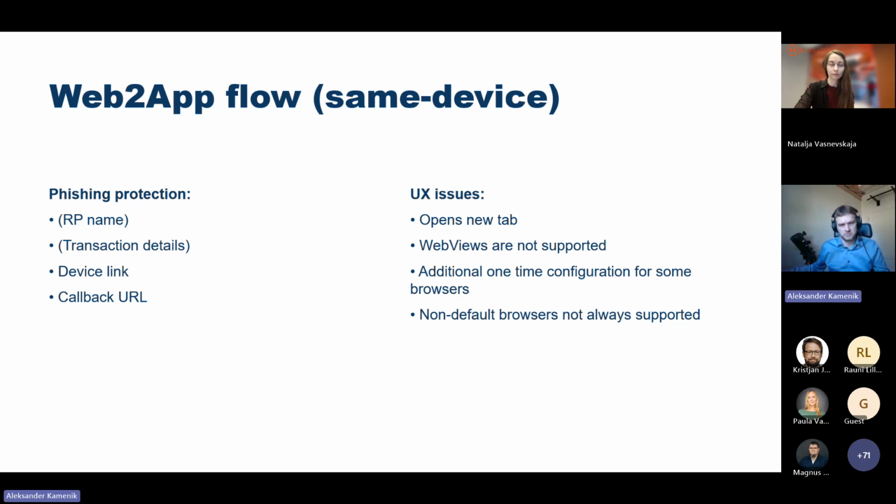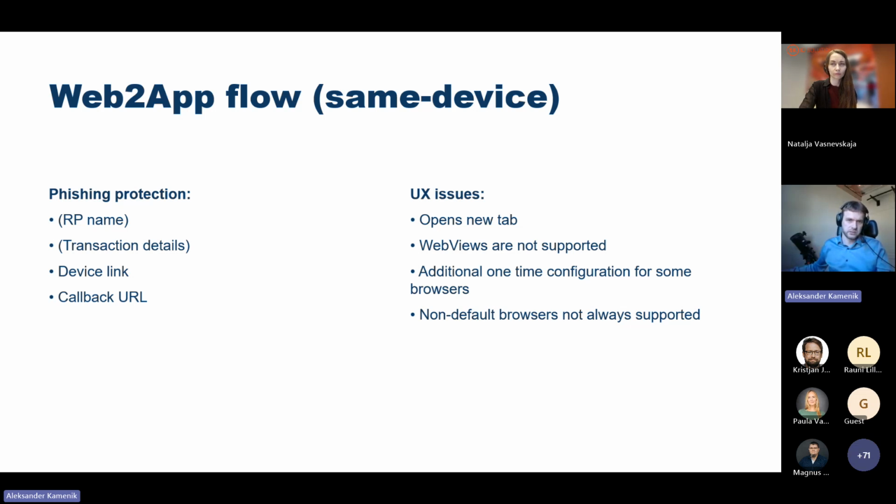So let's say you try to go to your bank, you click a link that was provided by an attacker. They are trying to log in as you into the bank. You click it, you put in your PIN, something happens, but neither you nor the attacker will get in because some things just will not match. I will get to the callback URL verification in a later slide as well, because it's really important.